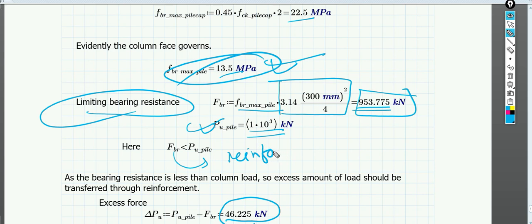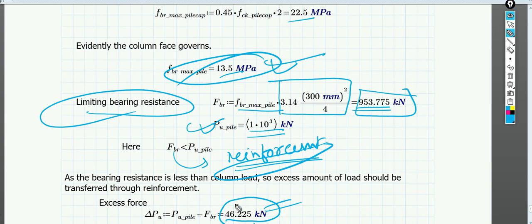Just what we have done in case of the column as well as pile cap. So here reinforcement should be provided, but the force is not that much. And basically in case of piles, how many bars of reinforcement is not provided in this question. So if it is provided, then you can check whether this development length is available to us or not.